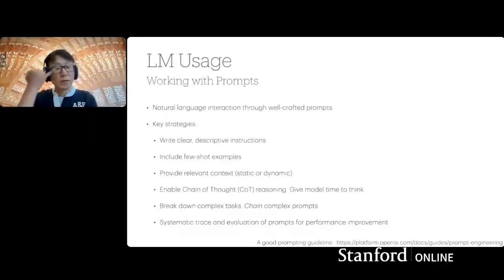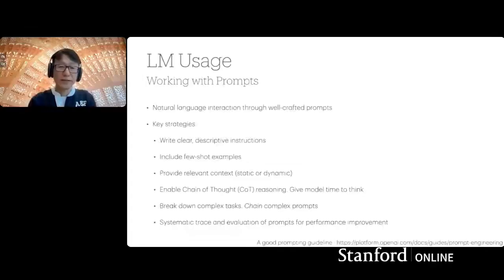You could include a couple of examples of the form that you want to see, in terms of style or form. You could also provide references or context so that the model relies on the context you provide.